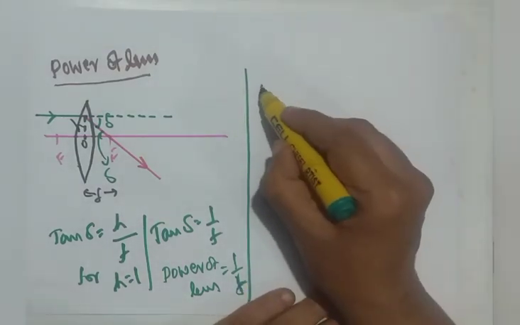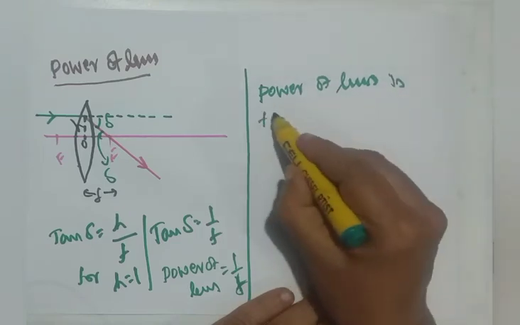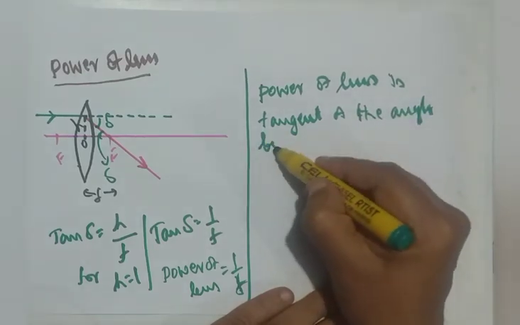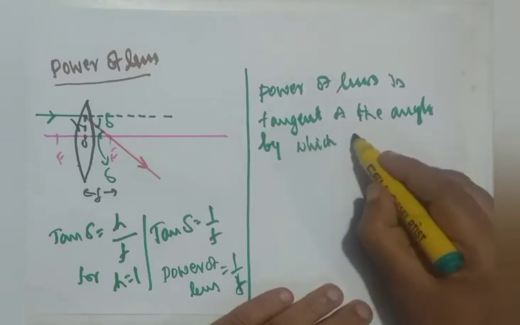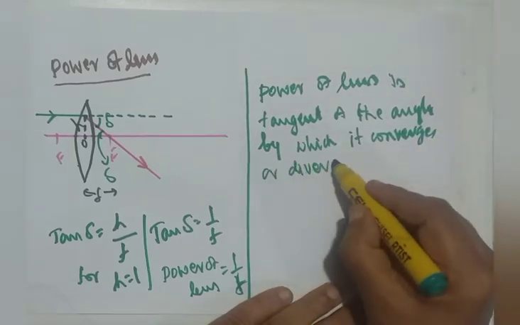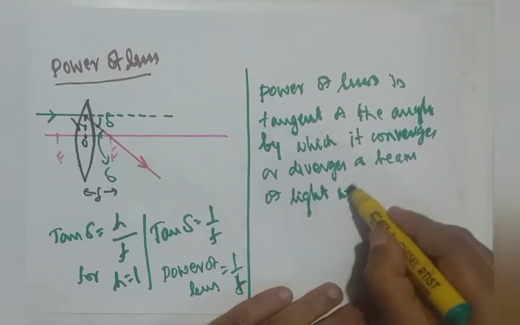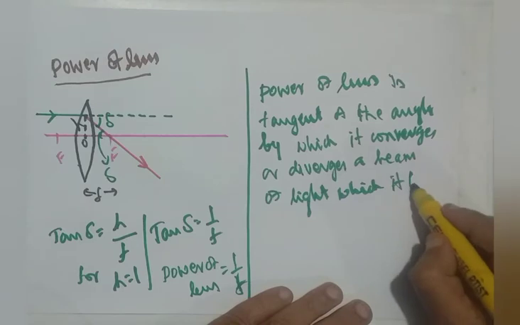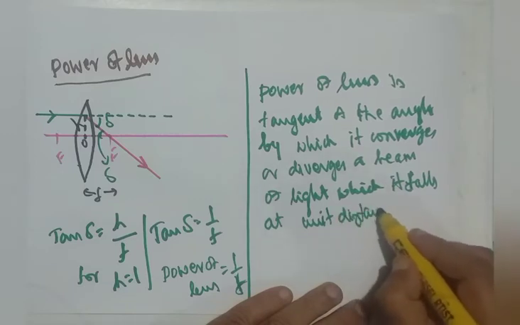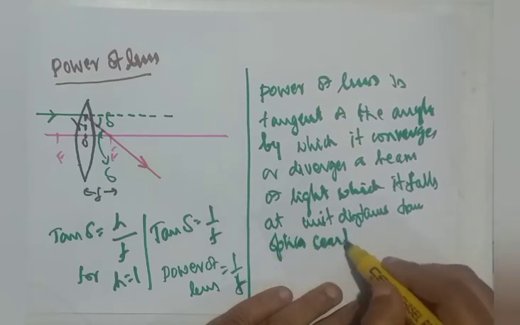Let us write that down. Power of lens is the tangent of the angle by which it converges or diverges a beam of light when it falls at unit distance from optic center.